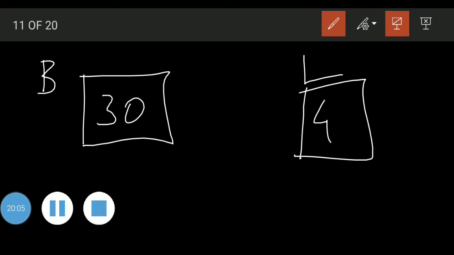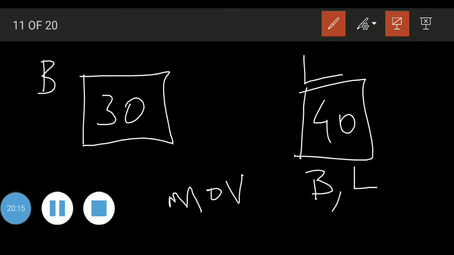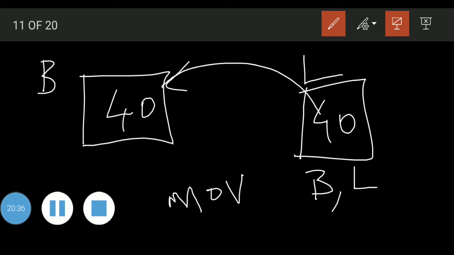If I write move B comma L, then what will be the content of B register? Take your pen and paper ready and solve this. What is the content of B? Yes, correct. The content of B will be changed to 40 because the data will be copied. Understood? This is all about register addressing mode.